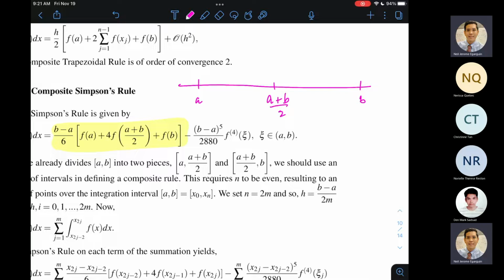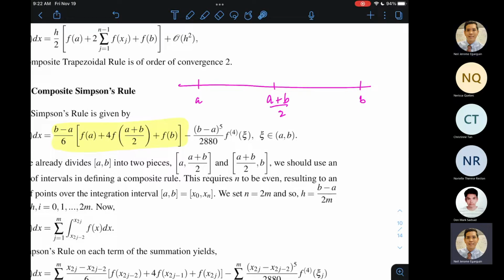So on its own, the composite Simpson's rule utilizes 2 subintervals to begin with. Okay? Meron kang subinterval from A to A plus B over 2 at another subinterval from A plus B over 2 hanggang kay B.